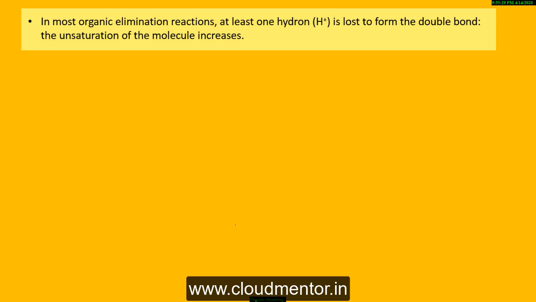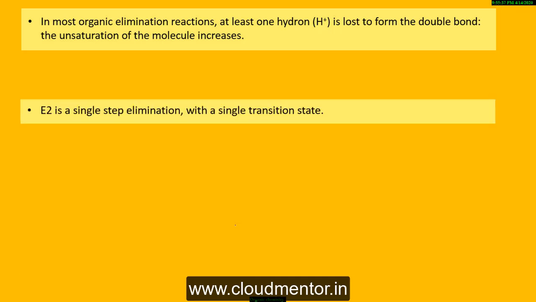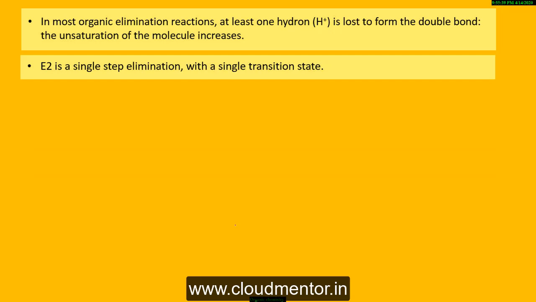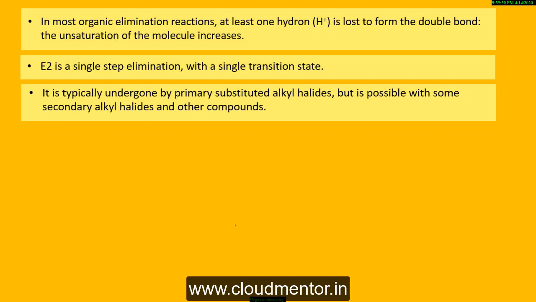The second point is that E2 is a single-step elimination with a single transition state. The next point is that it is typically undergone by primary alkyl halides, but is possible with some secondary alkyl halides and other compounds.